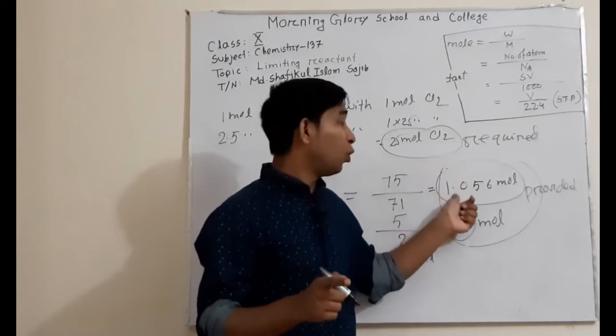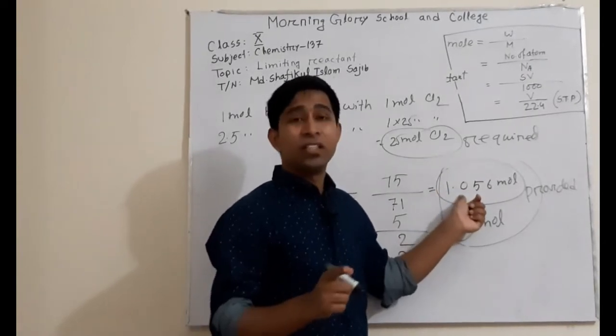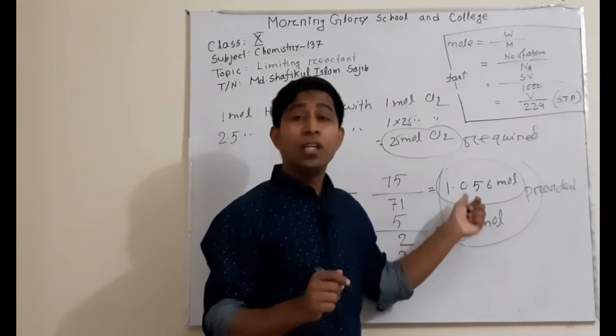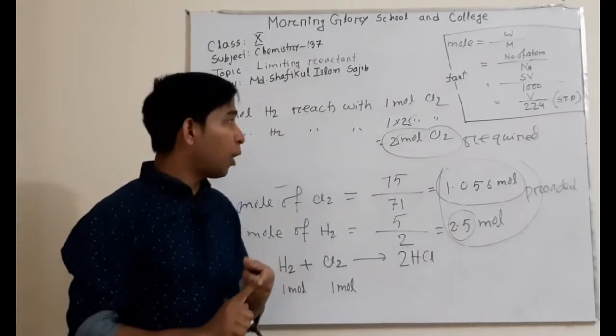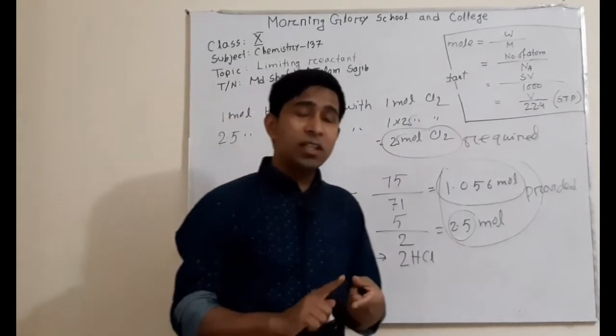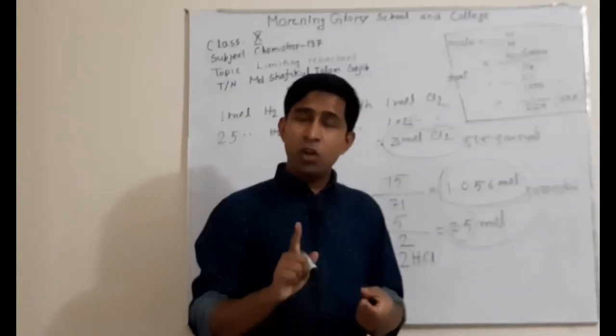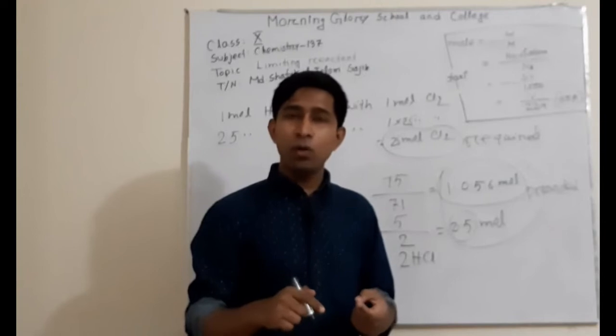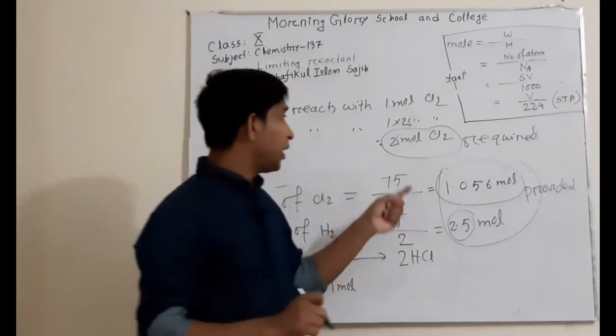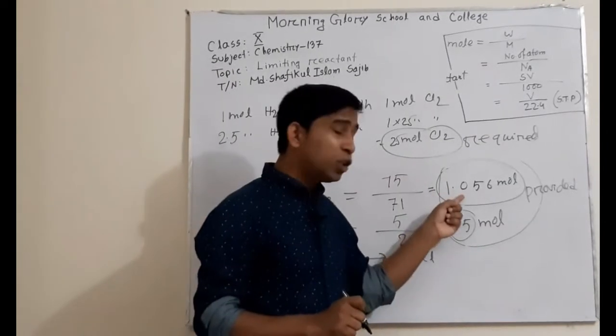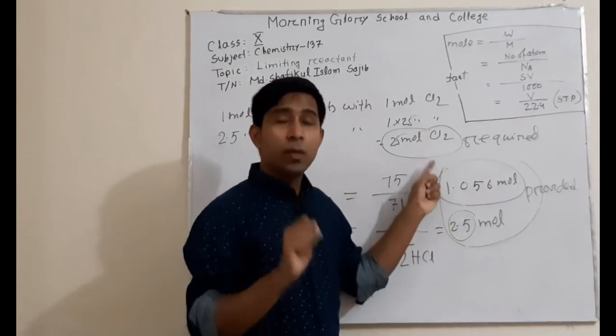That means chlorine is insufficient. So this is why chlorine is the limiting reactant. If our required amount is less than provided amount, then it will be excess. If required amount is more than provided amount, then it will be limiting. Here required amount is more than provided amount. This is why chlorine is the limiting reactant here.